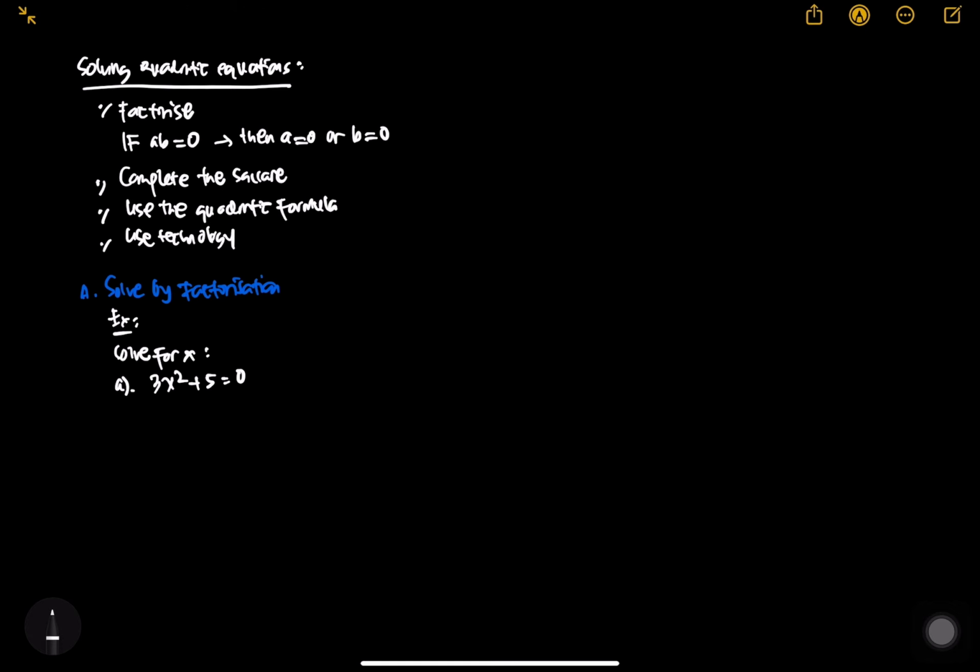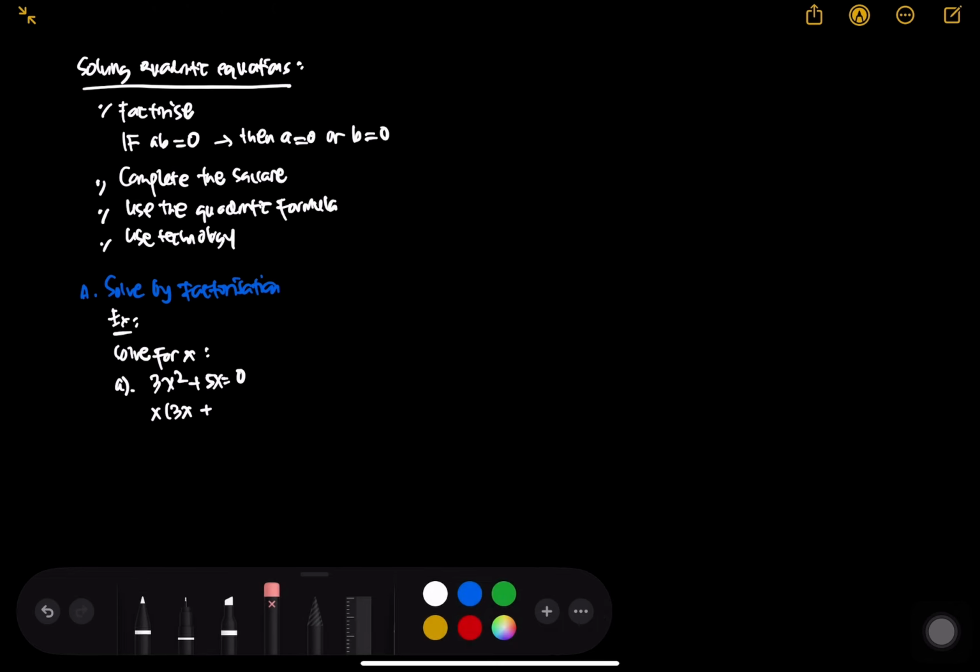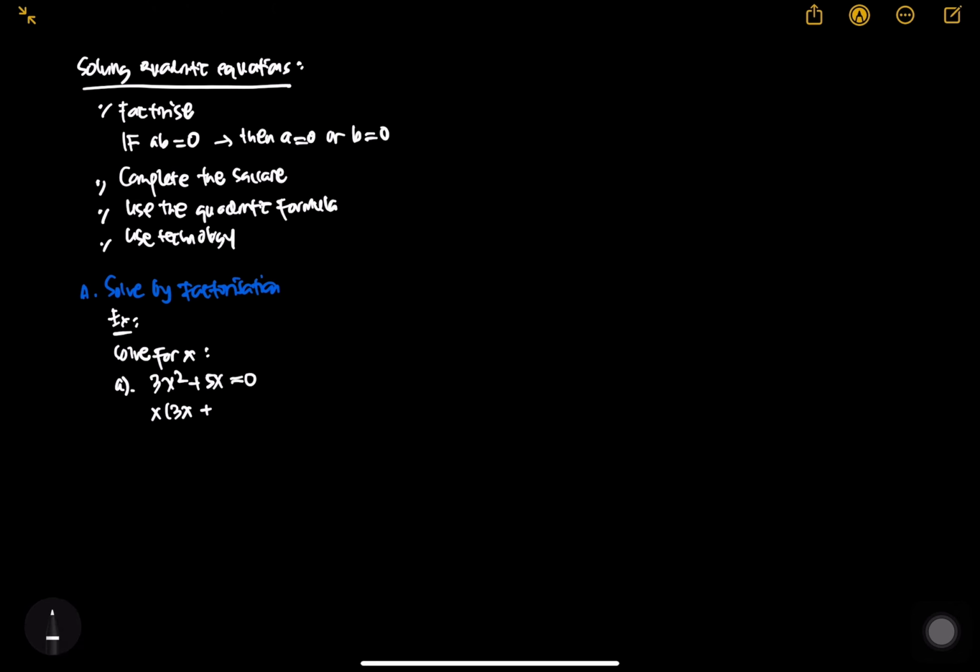So in this case, we have to factorize it. We can take out x from this, and this is remaining 3x plus 5, equals 0.